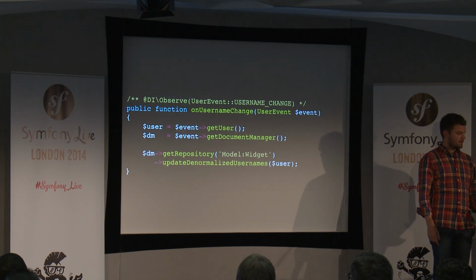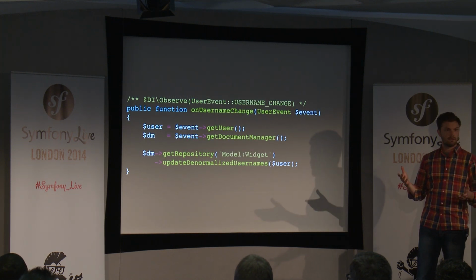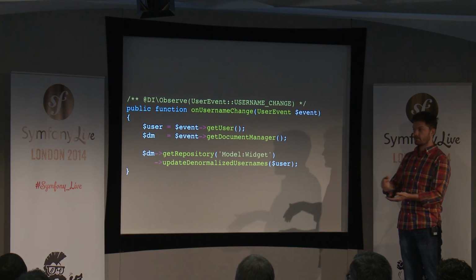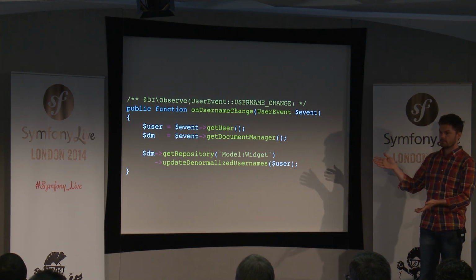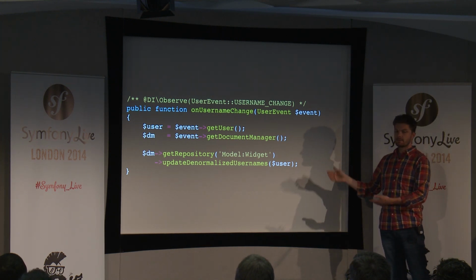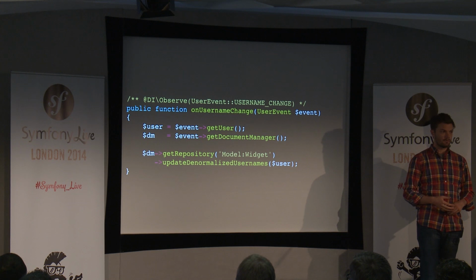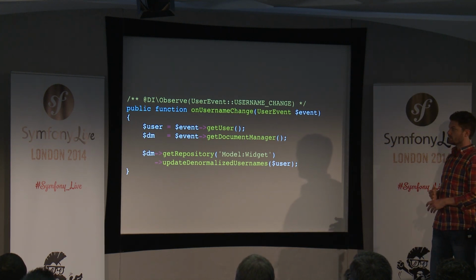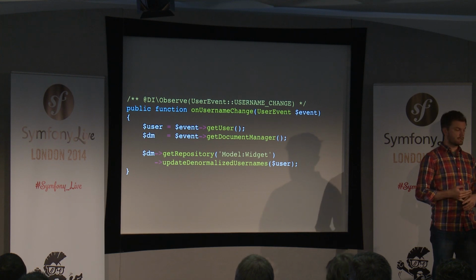What's this one? Whenever a user changes their username, if you're in a denormalized persistence environment, then you're going to need to update all those denormalized usernames. So something like Mongo, if this is specific to a denormalized case.